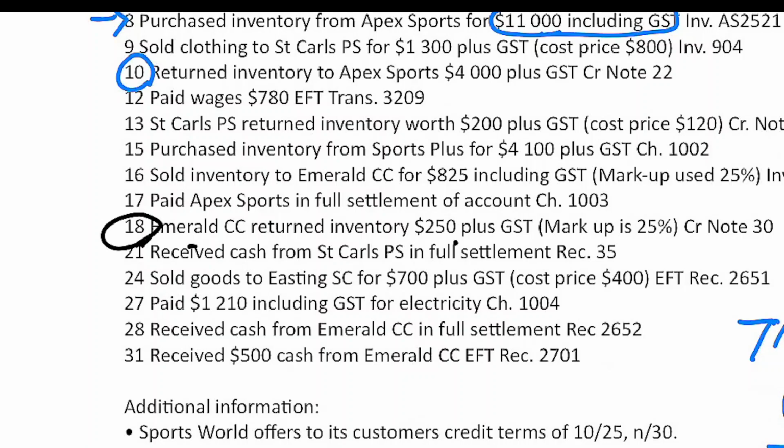Debit inventory, how much? 200. And credit? Cost of sales, 200. Good. And then at the selling price, accounts receivable. Debit or credit? Debit. Debit, why? You're getting the money.